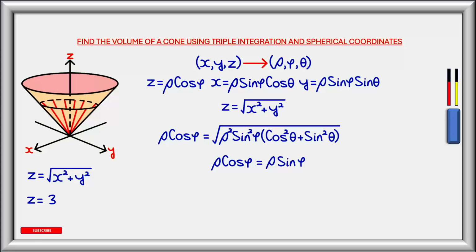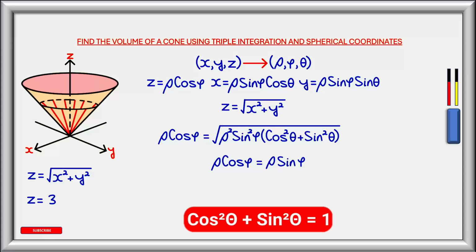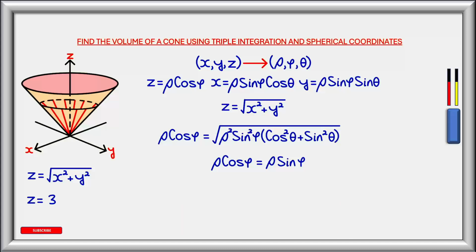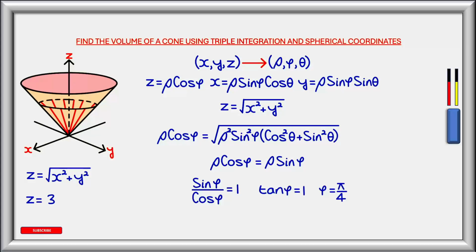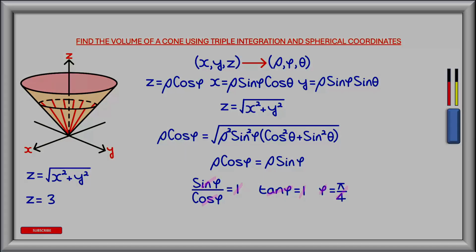If we now use the trig identity where cos squared theta plus sin squared theta is equal to 1 and take the square root, we're left with rho cos phi is equal to rho sin phi. If we simplify this, we get sin phi divided by cos phi is equal to 1. Now sin phi divided by cos phi is equal to tan phi, which is equal to 1. And therefore phi is equal to pi by 4.